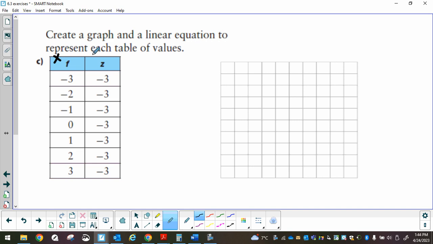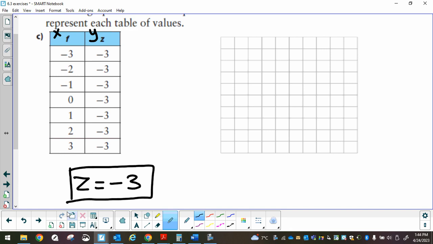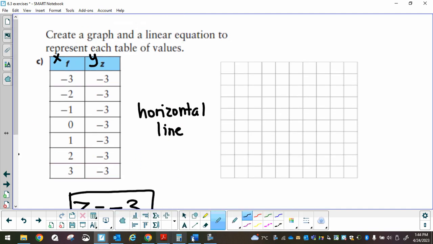You can think of it like x and y. Z's always -3, so your equation is simple. Z equals -3. And if you're going to graph that, it's going to be a horizontal line.